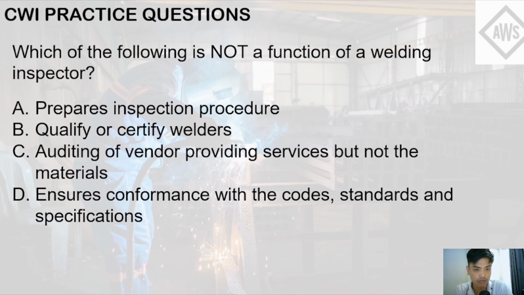Letter C, auditing of vendor providing services but not the materials. So for example, when a refinery or a plant is in shutdown, the welding inspector may be instructed to audit the vendor providing the services, but the last phrase is not good, because he's also in charge of providing audit or inputs to the base metal or the materials that will be used in welding.